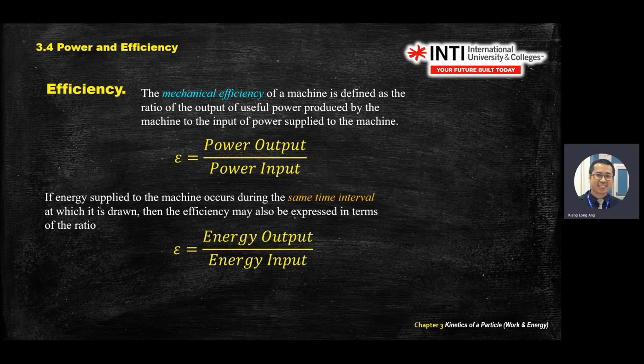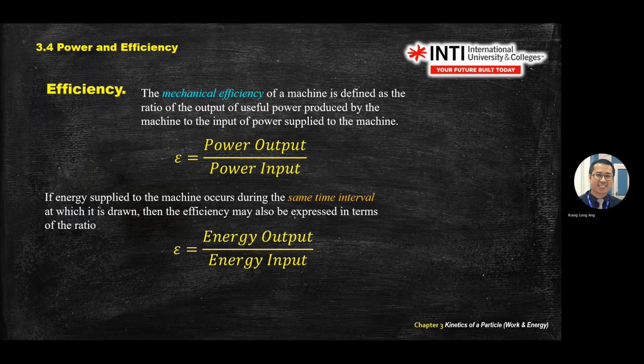You can use energy, because power is also in joule over something. What is important is that you take output divided by input. What you give out divided by what is your input.